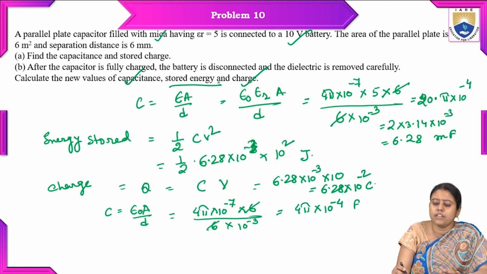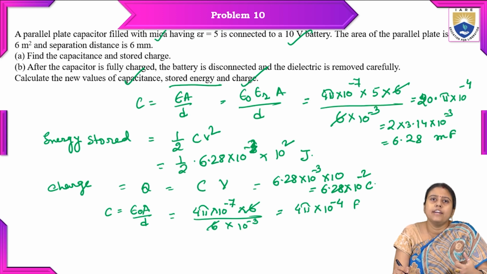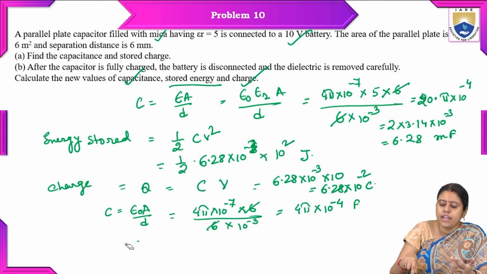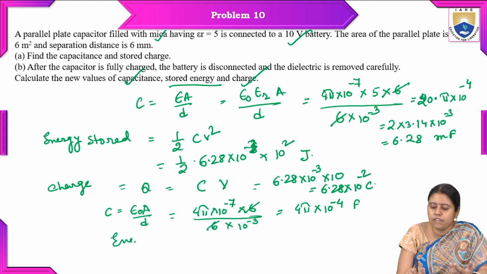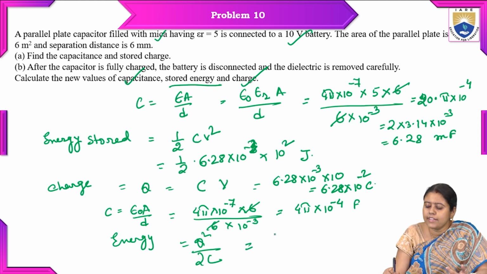Now how to calculate the stored energy? Because the battery is removed, what is the meaning of the battery removed? Battery removed means there is no source of charge. So another formula we will use: energy is equal to Q square by 2C. How are we getting this value?